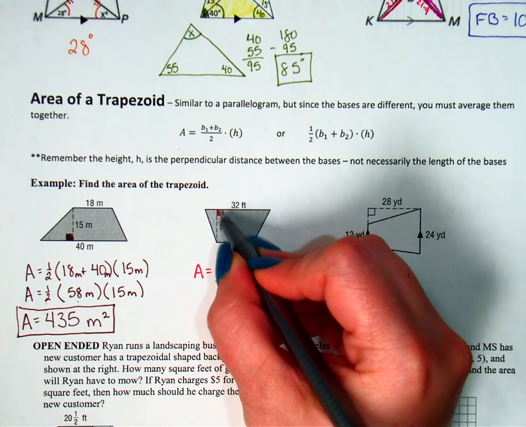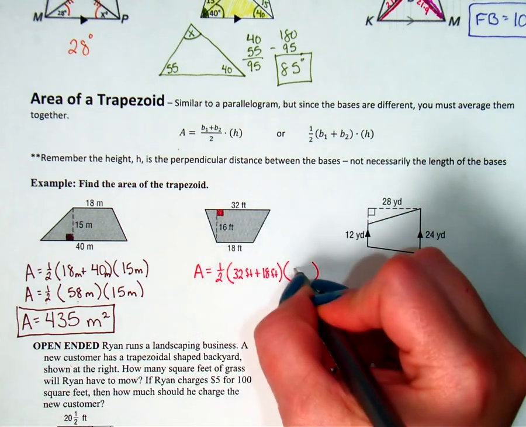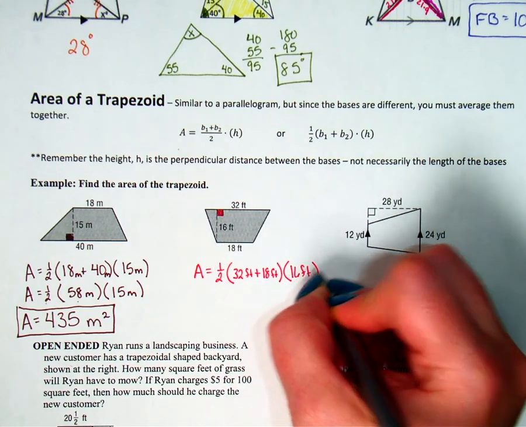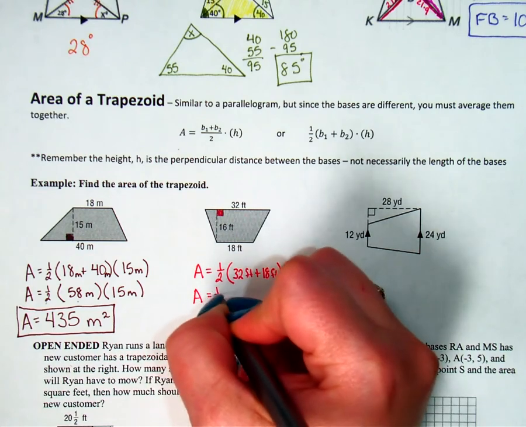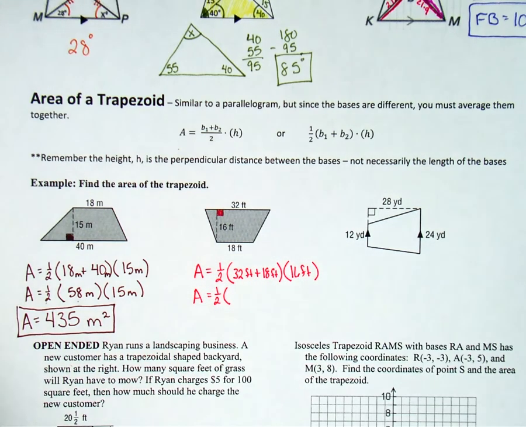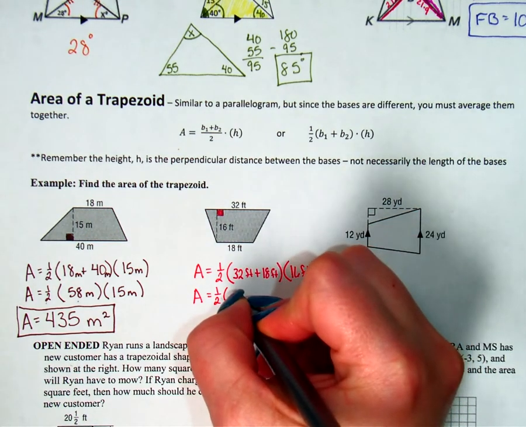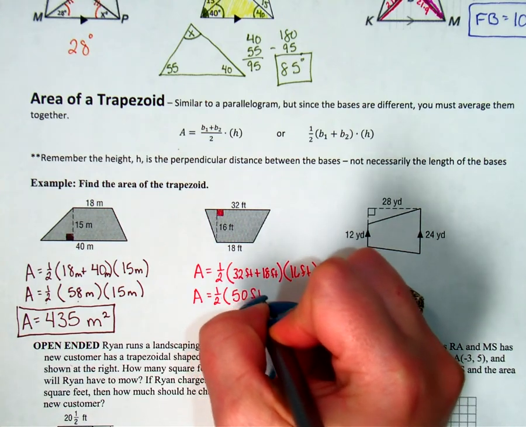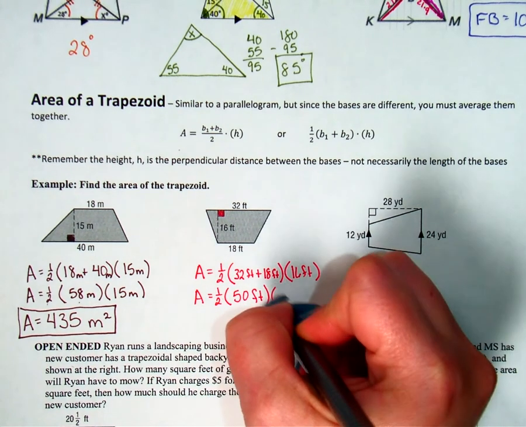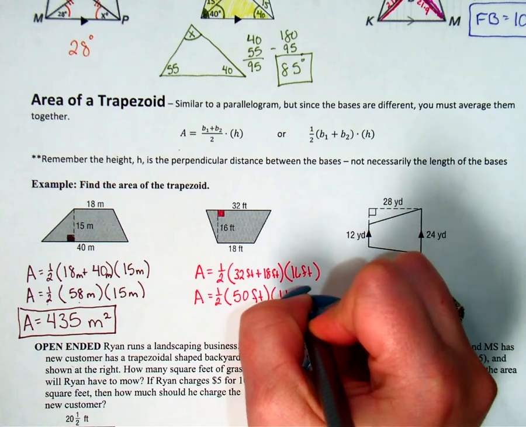And my height, where it comes together at a 90-degree angle, is 16 feet. So my area equals 1/2 of 32 feet plus 18 feet, which is 50 feet, times 16 feet.